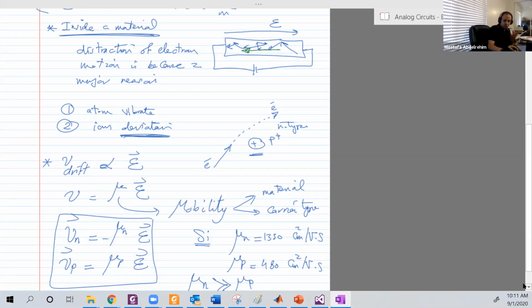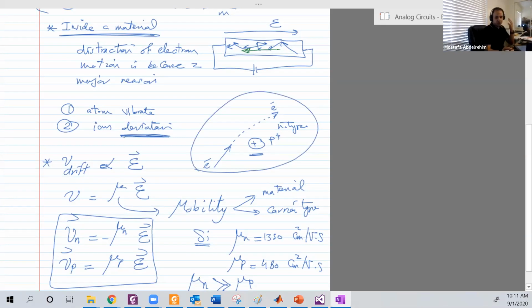But this motion will not be a straight line. You might have collisions with atoms. You might have also deviation, something like this.